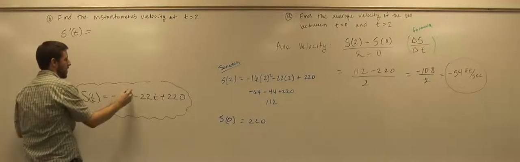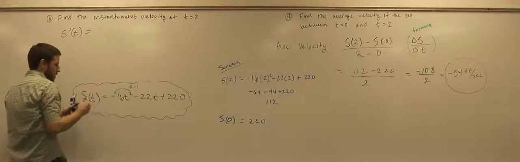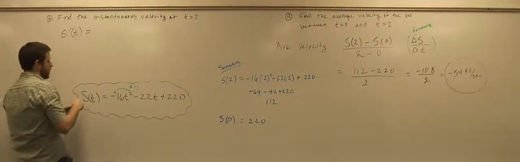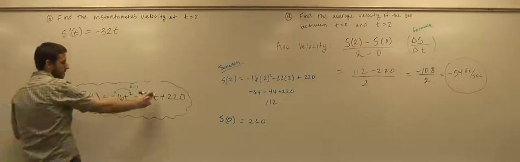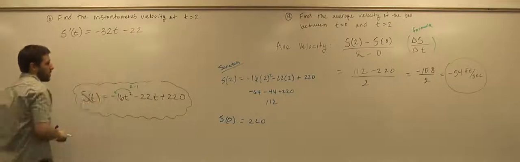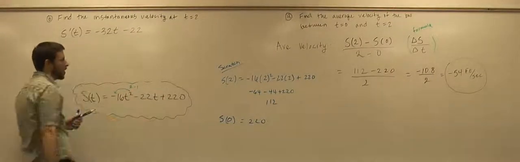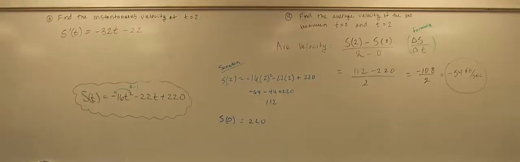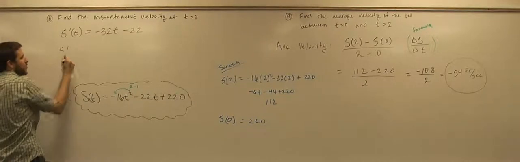The 2 is going to come down, multiply by the negative 16, and then subtract 1 from the power. Negative 32t. Minus 42. And then the derivative of t is just 1, so all you'll have left here is minus 22. Because when you derive t, it goes to 1. And then when you derive 220, it goes to 0. So then we actually want the instantaneous velocity at 2.